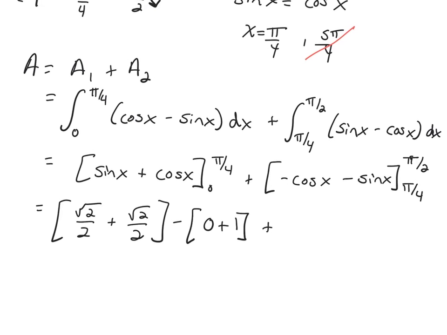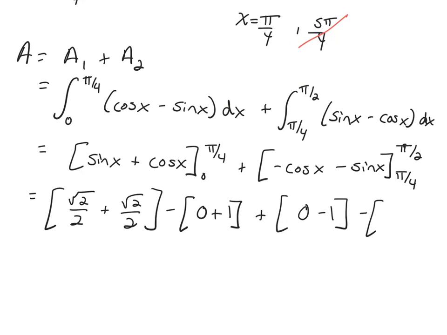You plug in pi over 2: cosine is 0, minus 1, and then minus, it'll be negative root 2 over 2, minus root 2 over 2.